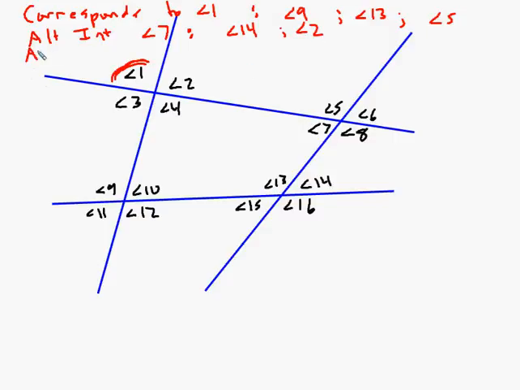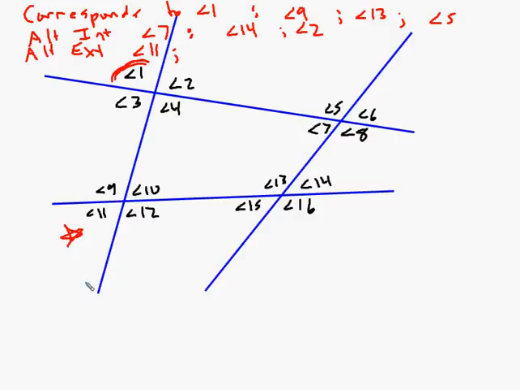All right, give me alternate exterior to angle 11. Angle 11 is down there. Angle 7 would not be on the exterior. Angle 1, angle 2, angle 3. Look where 11 is.